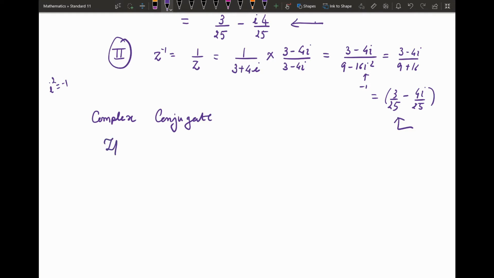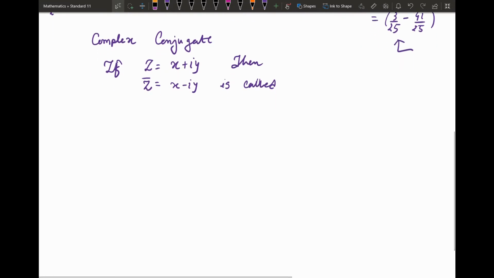If z equal to x plus iy, then we denote z bar, it is x minus iy, which is called the complex conjugate of x plus iy, and it is vice versa. x plus iy is called the complex conjugate of z bar.